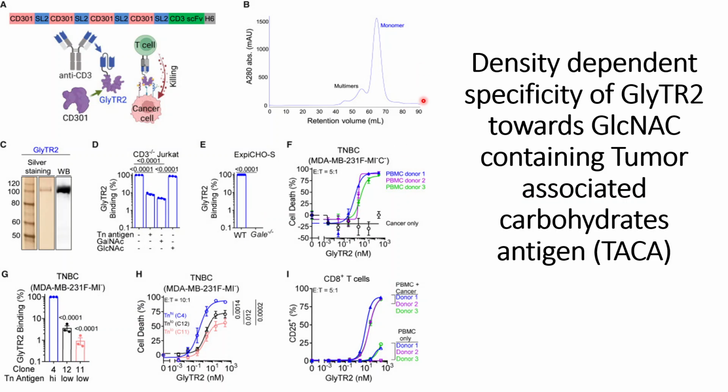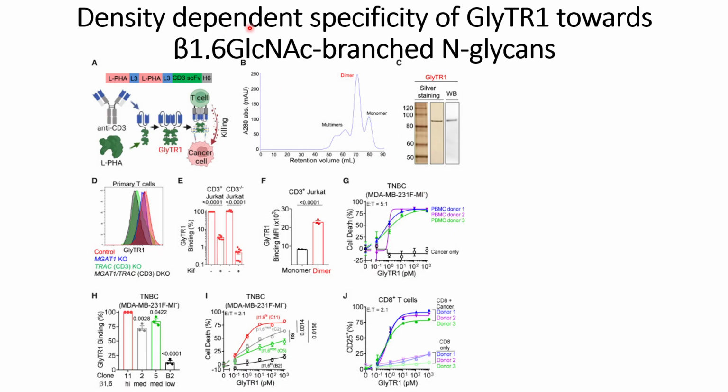In this video, we will discuss GlyTR2, that is, the density dependent specificity of GlyTR2 towards GlcNAc containing TACA, that is tumor associated carbohydrate antigen. In the previous video, we discussed GlyTR1, whose specificity is more focused on beta 1,6 GlcNAc branched glycan.